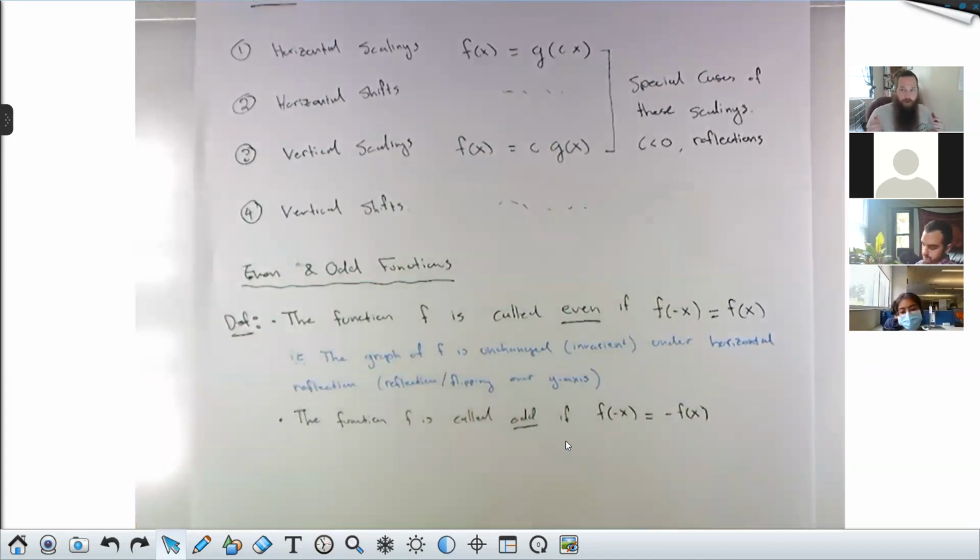So here, both of the objects are a transformed graph, a transformed function. This one, f of negative x, just like in the definition of even, is a horizontal reflection. It's a reflection over the y-axis.